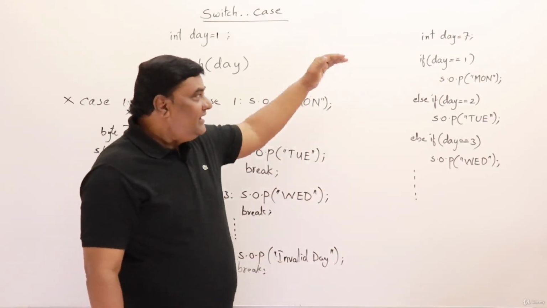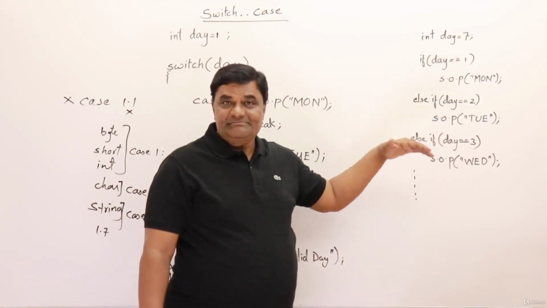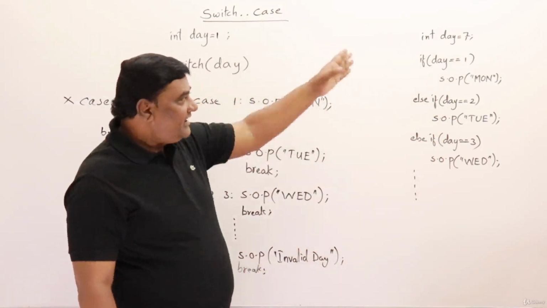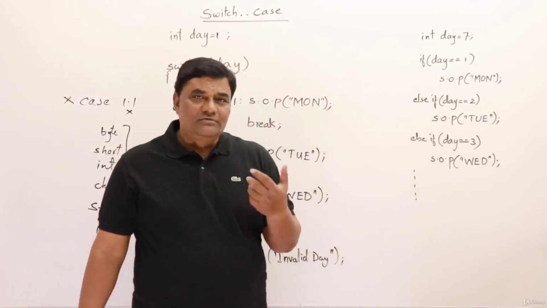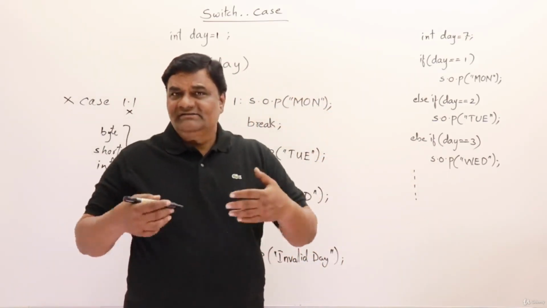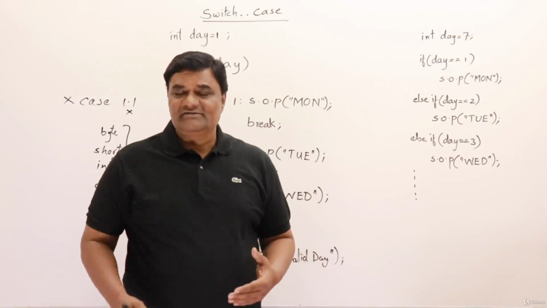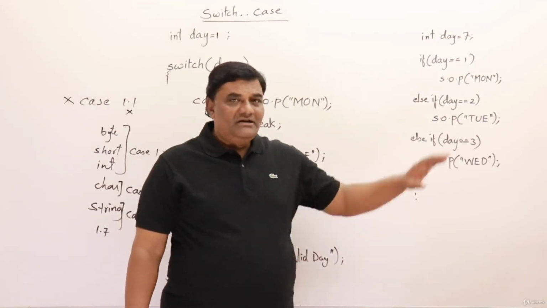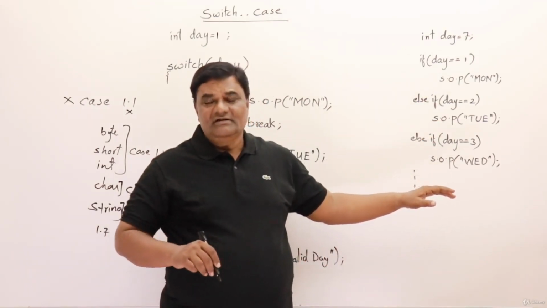So if you are giving different day numbers, then the amount of time it will spend in giving the result is different. So if you give higher value, it will check more conditions and it will be little slow. Though nowadays the machines are so fast, a human eye cannot sense that slowness of your program, but actually it is slow because it has to check all the conditions, then give the answer.